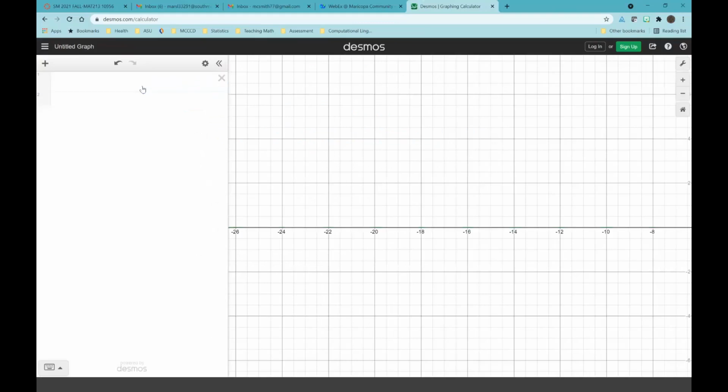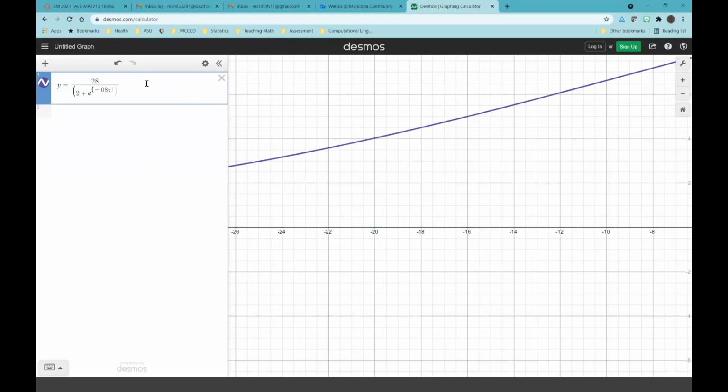So this one is y equals 28 divided by 2 plus e to the negative... I'm going to use x because x is what we're using here.